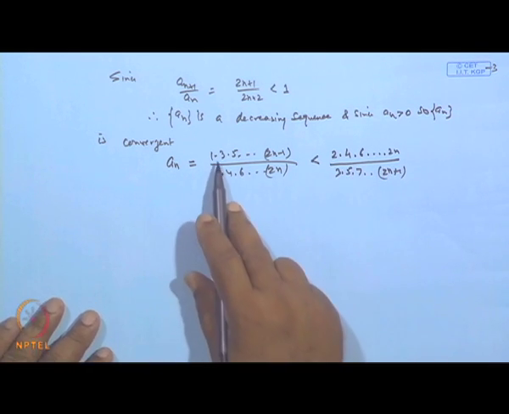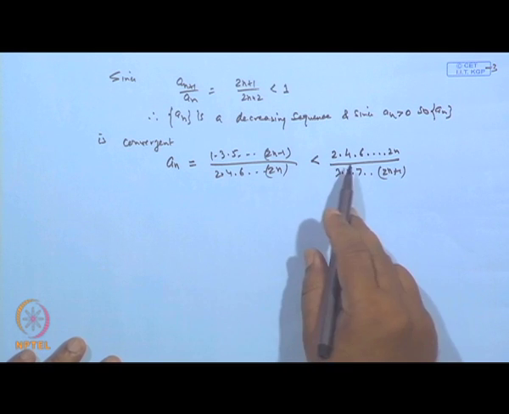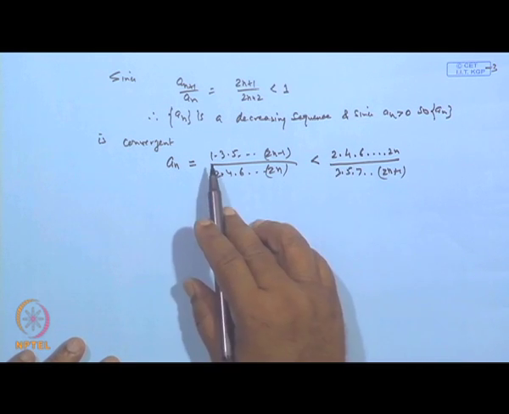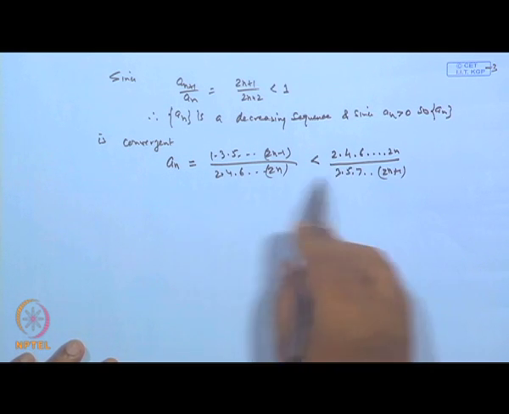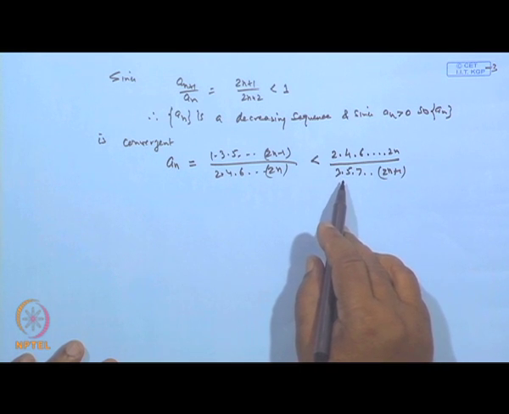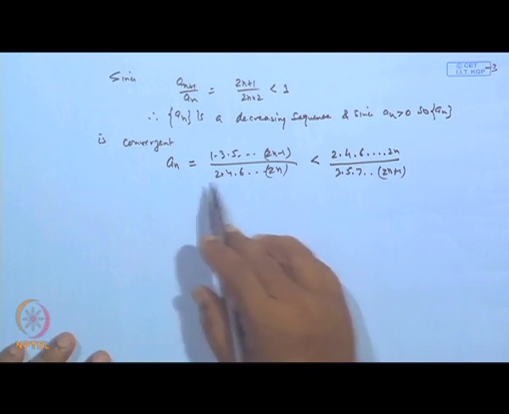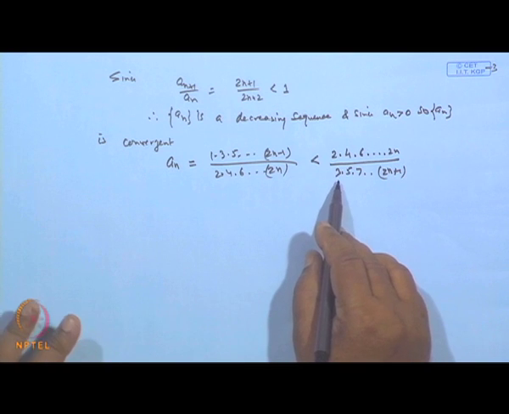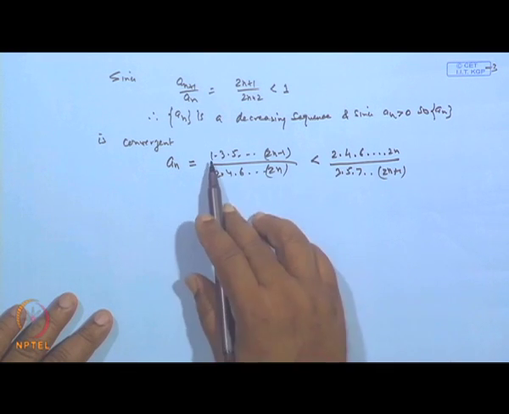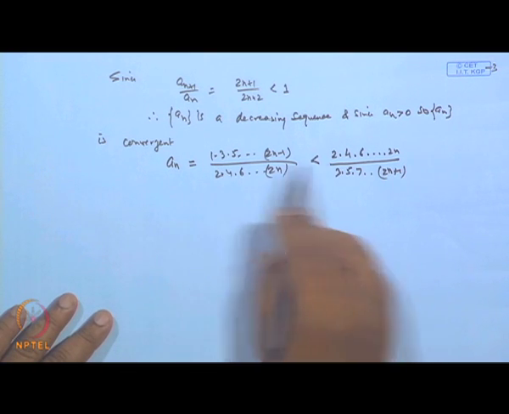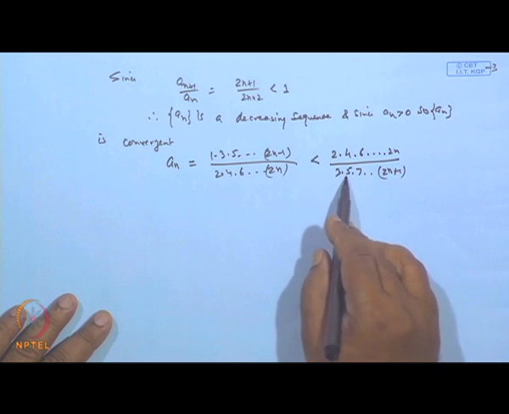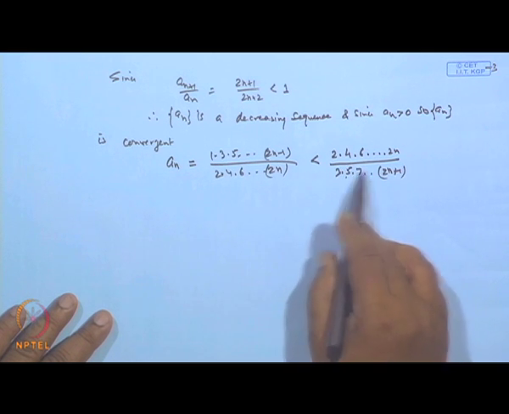So, this term, because 1 by 2 is less than 2 by 3, you can say like that. So 1 by 3 is greater than 1 by 2, and like. So this will be 1 by 2 is less than 2 by 3, 3 by 4 is less than 4 by 5, 5 by 6 is less than 6 by 7, and like this.